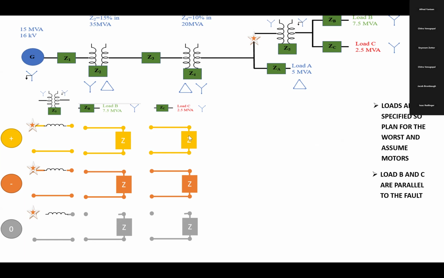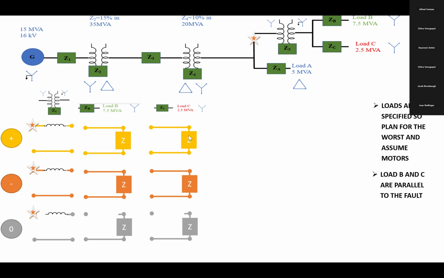Zero sequence: Y, no connection, whereas Y grounded, you must have the impedance. And then here again, look at this line. This is just the line represented by the impedance. Okay, ZA, I mean here. These are parallel. So you have to connect them in parallel.